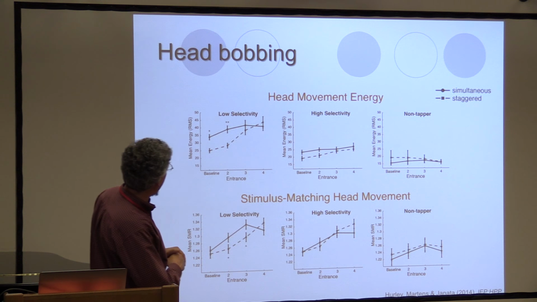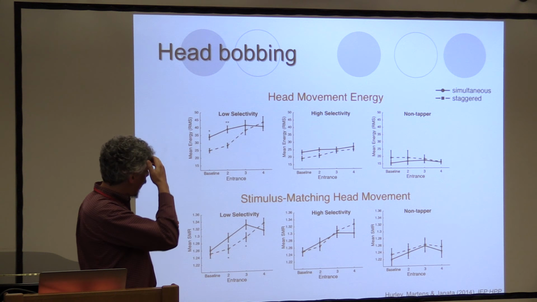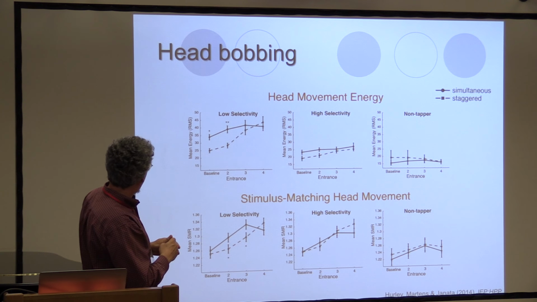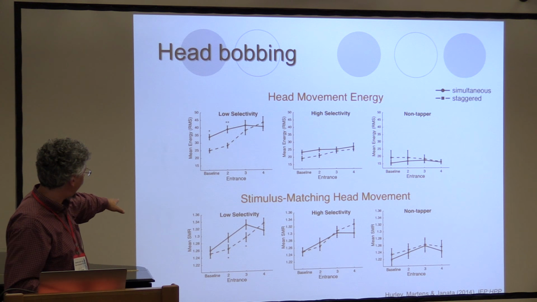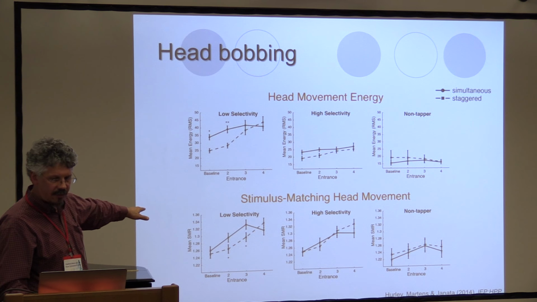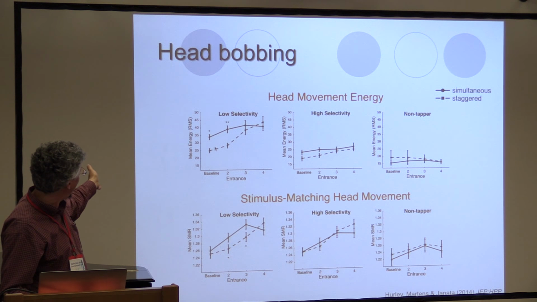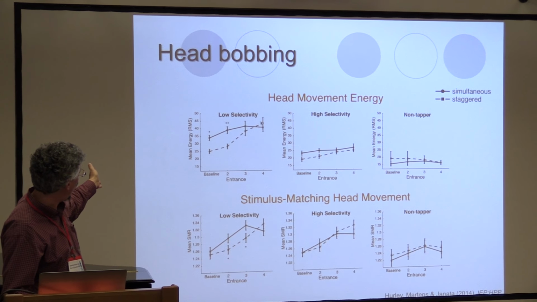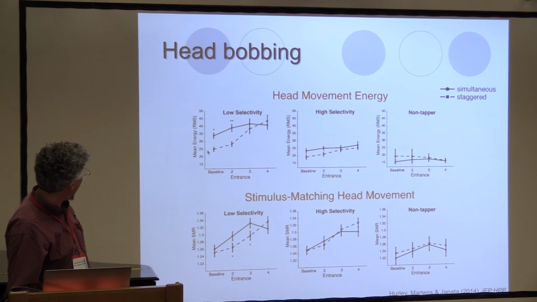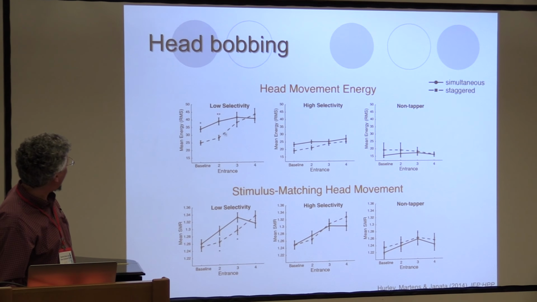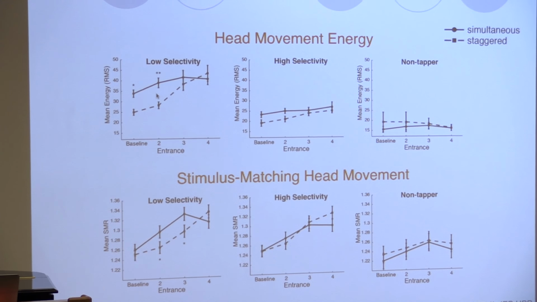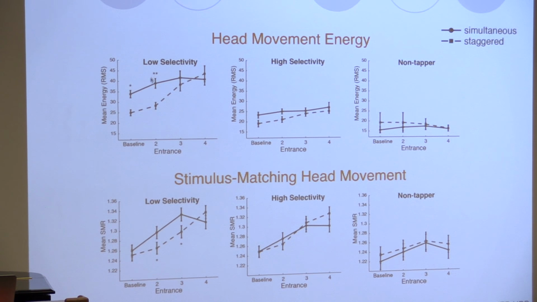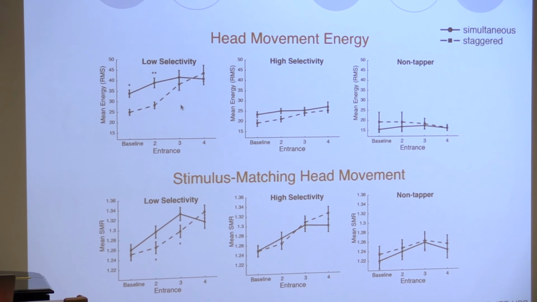We didn't find the same interaction when we looked at the amount of head bobbing, but what we did see here in the stimulus matching head movement is that basically when people did start head bobbing, they did increase the amount of head bobbing over time, and actually were compelled to do so also in the staggered entrance condition, in particular the low selectivity individuals.